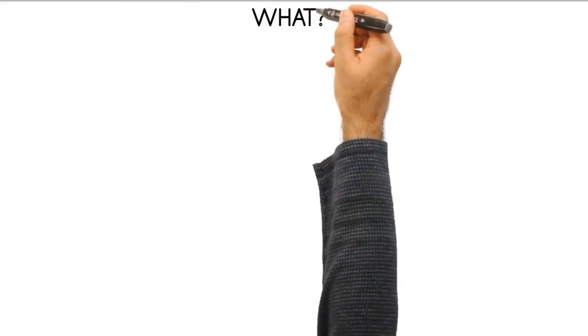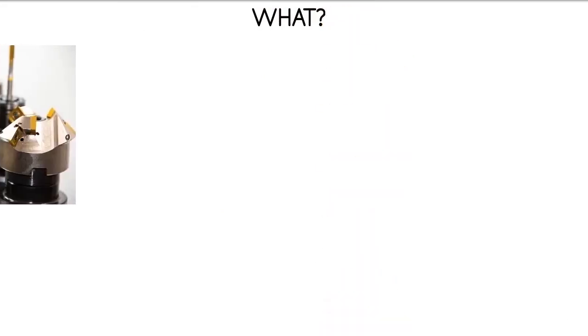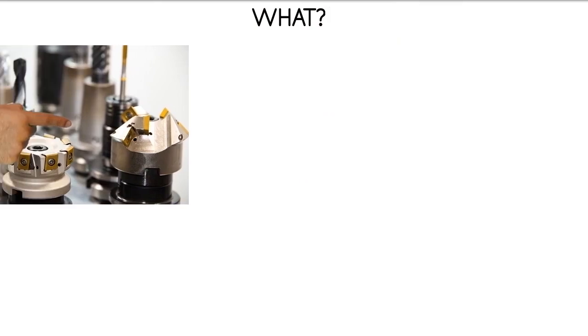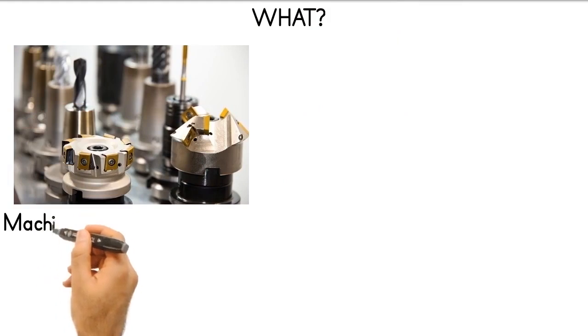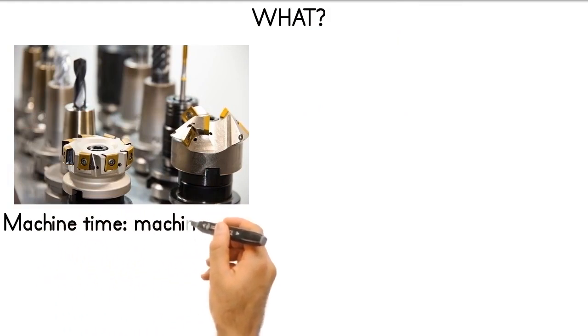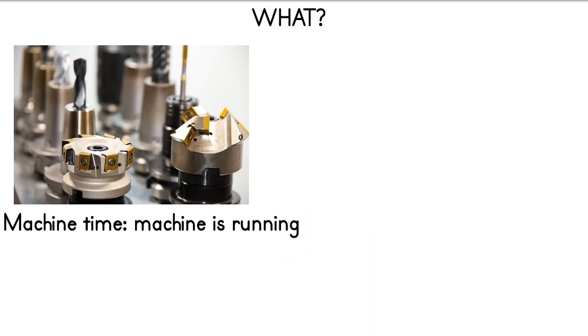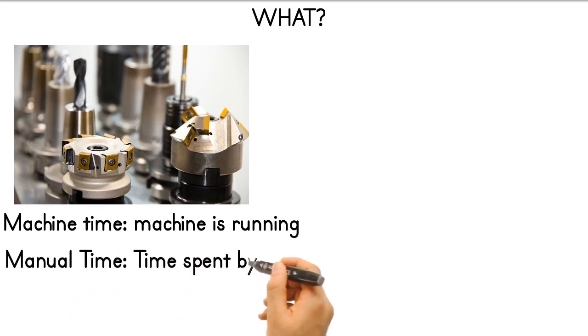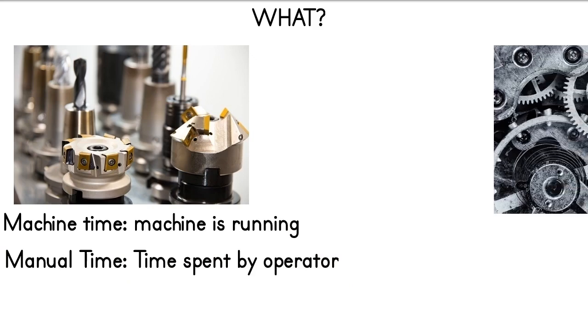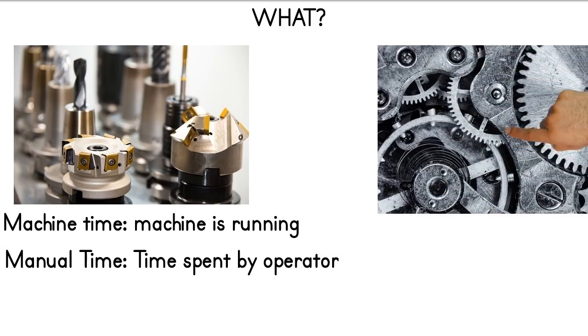Man-machine cycle time is the total time it takes for a product to go through a production cycle, from the moment the machine begins its operation to the time it completes a specific task, including all actions taken by the operator and the machine. It is typically divided into machine time, the time during which the machine is running, performing its programmed tasks, and manual time, the time spent by the operator to assist, load, unload, monitor, or make adjustments during the machine's operation.